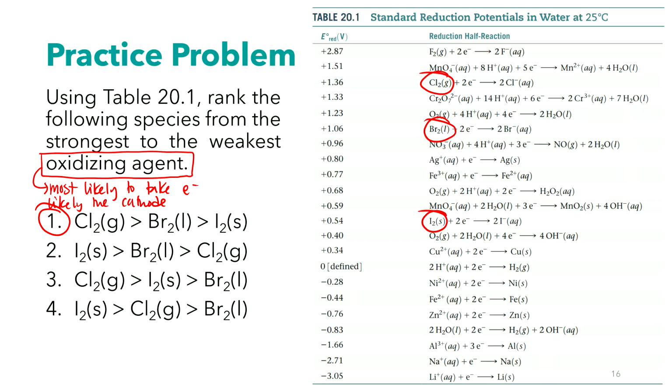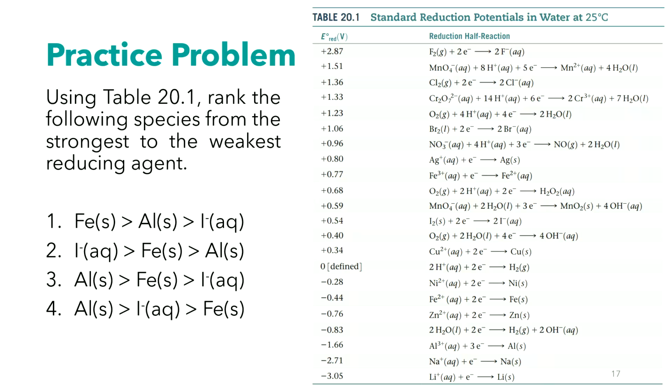So now I'm flipping it, and I'm going to have you guys do this practice problem where now I want you to rank the strongest to the weakest reducing agents. Again, for a question like this, you will get the standard reduction potentials, so you don't have to memorize these. You just need to be able to interpret and follow this trend.